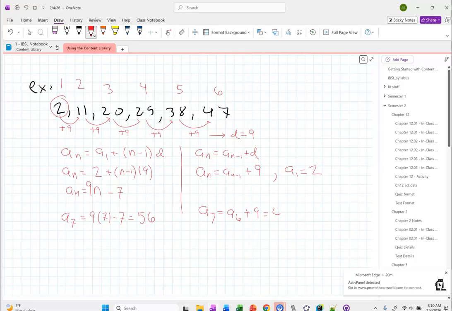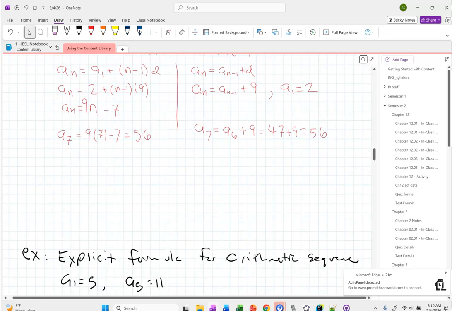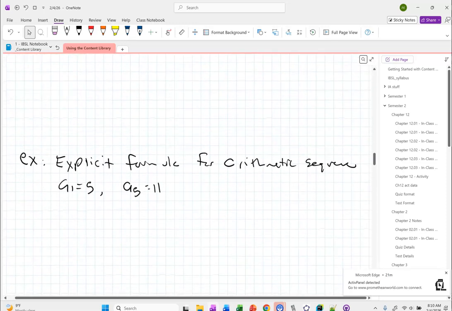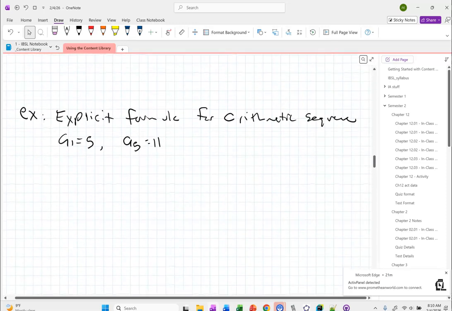And the sixth term we know is 47. Does everybody feel okay doing this? This should be relatively easy, right? And hopefully familiar.